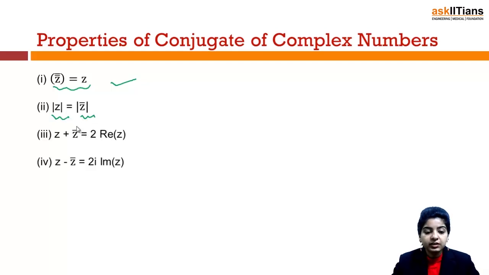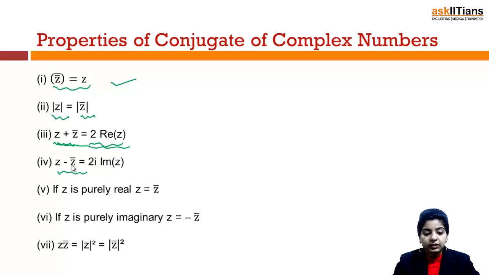The next thing is Z plus Z conjugate is twice of real Z. This we have already discussed. You can take Z equal to x plus iy, and if you add the complex number Z to Z conjugate, that will be twice of real Z. Similarly, Z minus Z bar is equal to 2i times imaginary Z. Then if Z is purely real, then Z is equal to Z bar, that is Z conjugate.